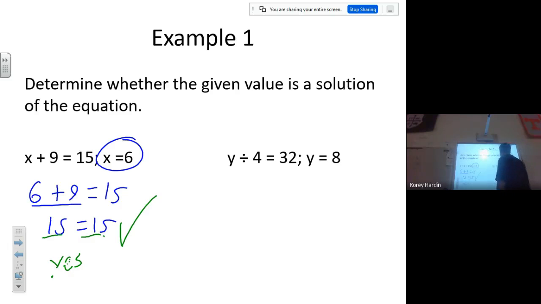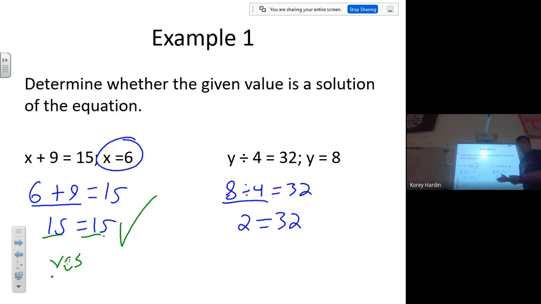Now let's look at the one next to it. y divided by 4 equals 32. It says y is 8. So 8 divided by 4 equals 32. PEMDAS, this is the first operation I have. 8 divided by 4 is going to be 2, equals 32. Now, Johnny says this. Is this correct? No, Johnny, you're not correct.